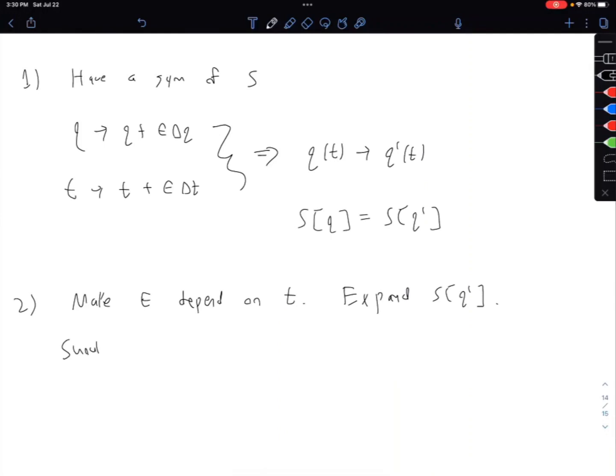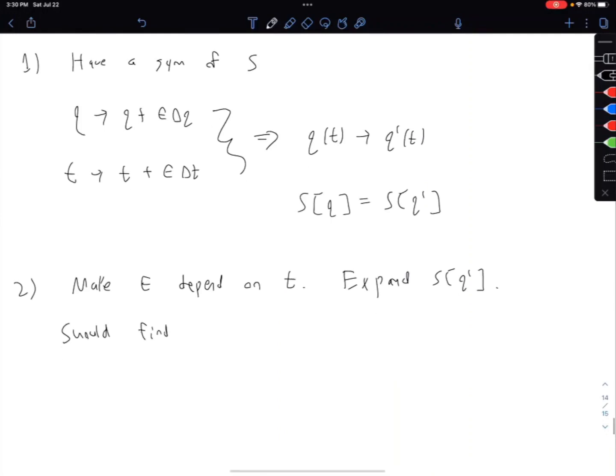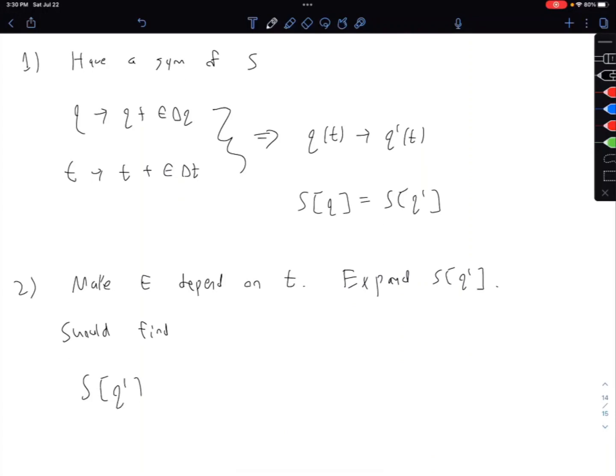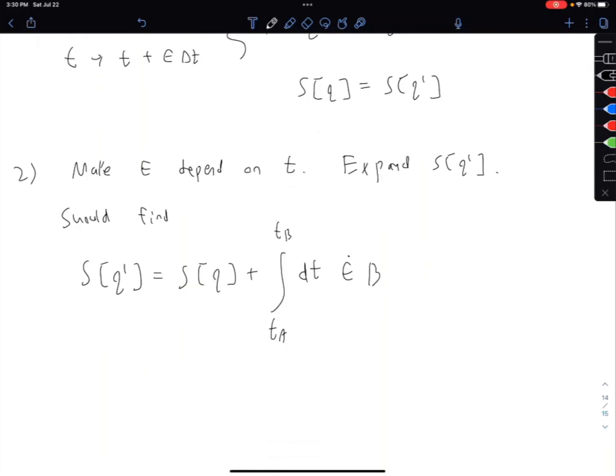You should find epsilon dot B, and then three, B is your conserved quantity. So it's a simple three-step process to derive any conserved quantity from a symmetry.